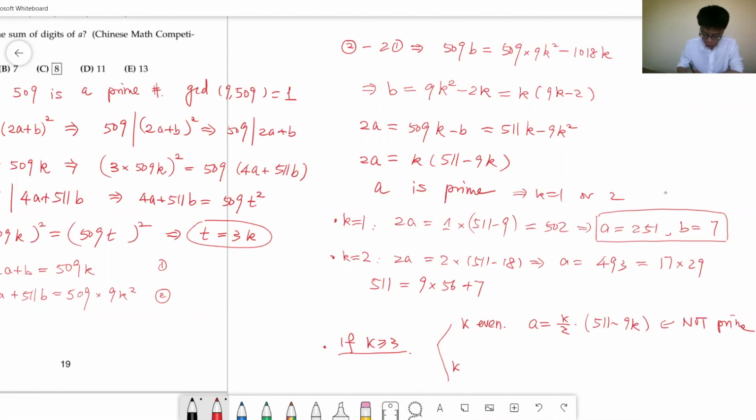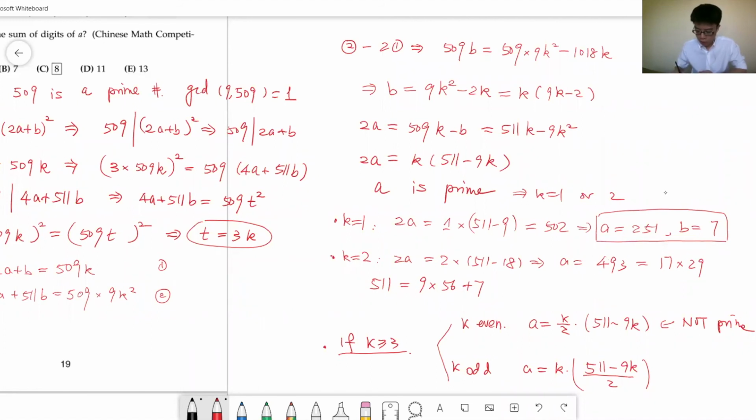So next, if k is odd, a equals k times 511 minus 9k divided by 2. Because k is odd, 511 minus 9k is even. So this divided by 2 is another integer. And 511 minus 9k is at least 7. K divided by 2 is larger than 2.